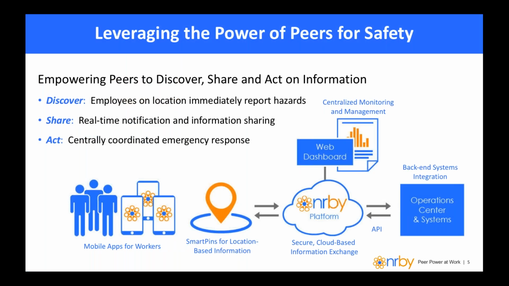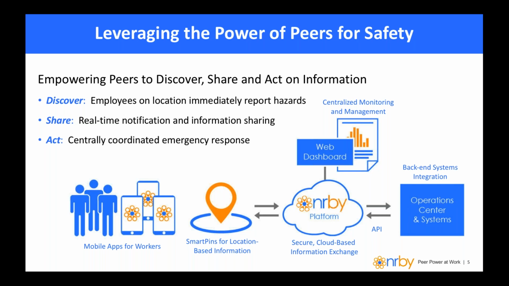And really what mobile collaboration is all about is leveraging the power of peers to enhance safety for all employees. It has two components to it. One is a process that we've developed, a very simple, intuitive, three-part process where mobile workers can discover a threat or a hazard and share information about it, and then act or assist in the action that's being taken to remove that threat.